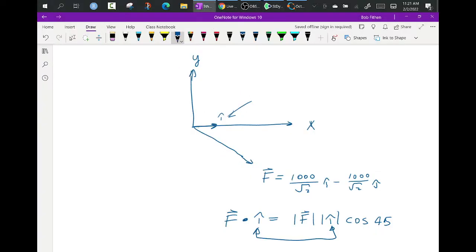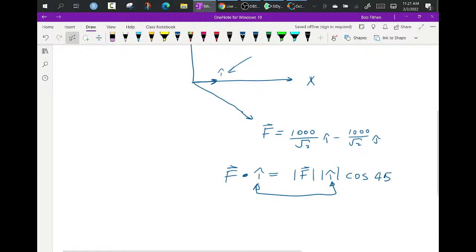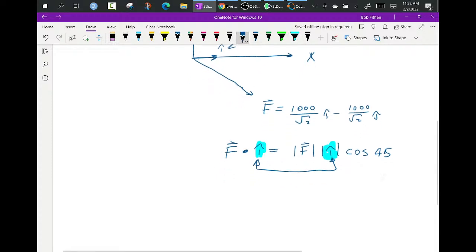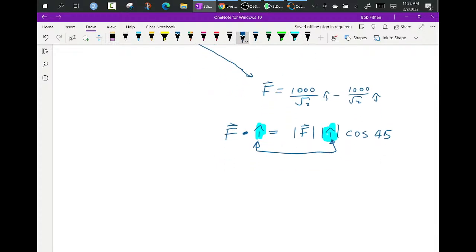Meaning, let me find it again. Since this is a special case, because the vector you're dotting against is length 1, you're going to find out, hang on, where did it go? There you go. That's going to be some number.